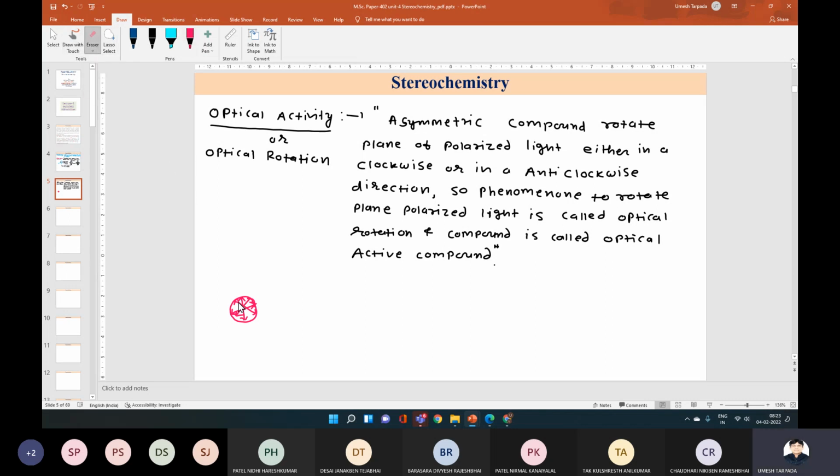Once you go for optical rotation using polychromatic light, what happens?